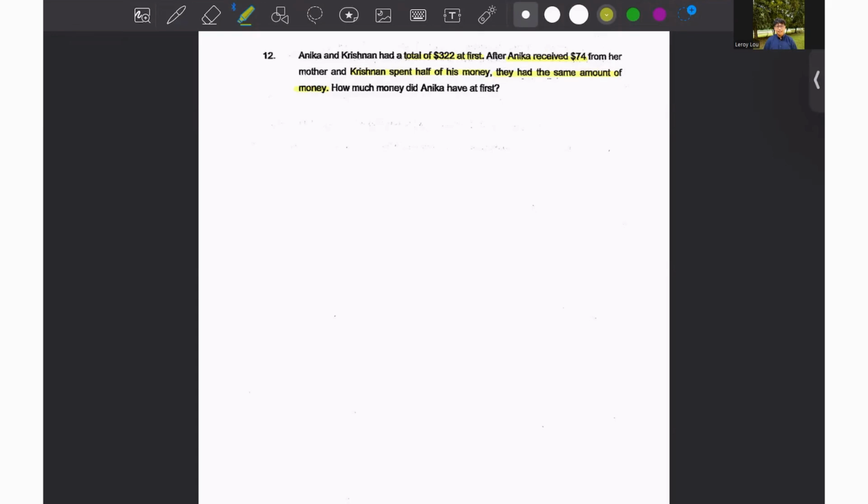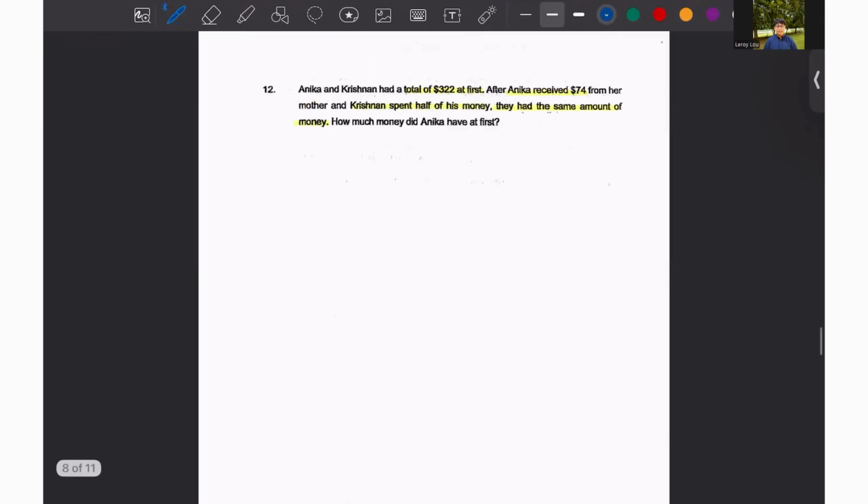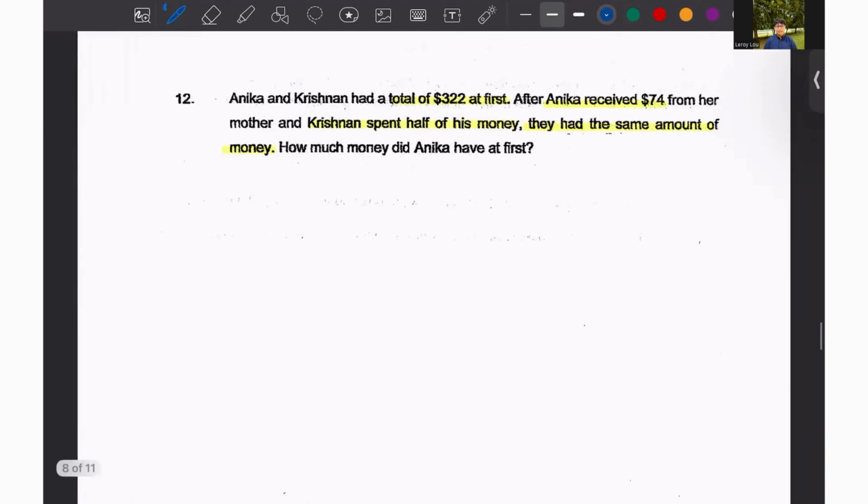Okay, so when you're attempting this type of question, you need to understand the phrasing of the question. When they tell you that after Anika receives $74 from her mother and Krishnan spent half of his money, they had the same amount of money left, right? Okay, this means that after Anika plus money and Krishnan minus money, they will end up with the same amount of money.